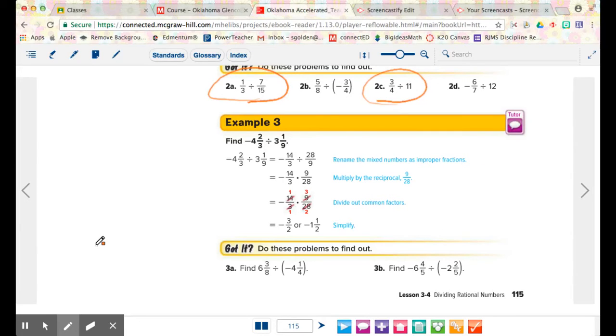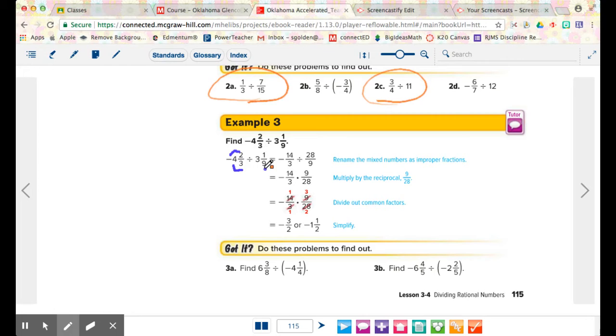All right, now we'll look at the next one. So now example 3. So it says find -4 and 2/3 divided by 3 and 1/9. So before we can multiply, divide, do anything on this one, we first have to make these mixed numbers improper fractions so that we have one number on top and one number on bottom. So -4 and 2/3, we would multiply on bottom. 3 times -4 is -12, plus 2 more would be -14 over 3.